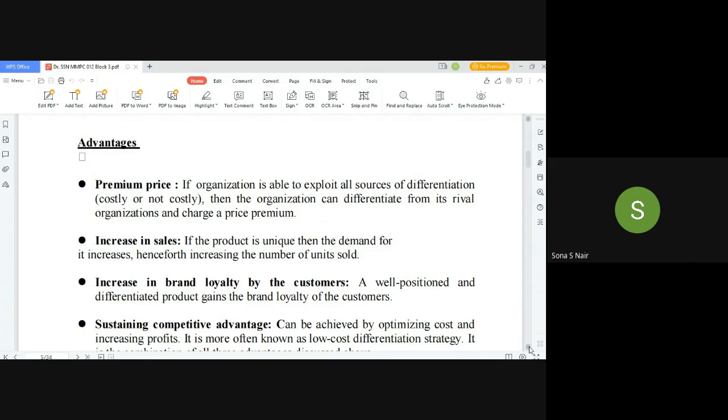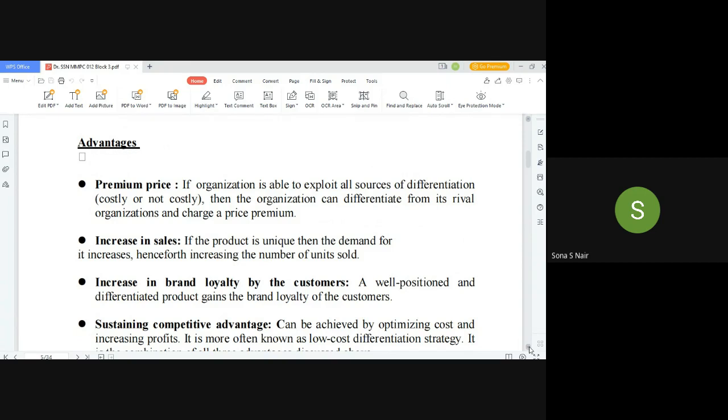Differentiation can be intangible also. We will come to that. So, differentiation means making it different or making it appear different, right? But because of differentiation, the consumers would be induced to buy the particular products of the organization.